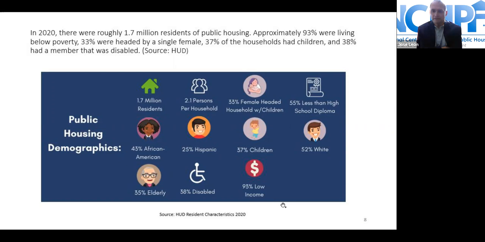HUD is working closely with public housing agencies to make sure that these patients have access to the internet now that we are living in this COVID-19 era, to make sure that they can communicate with others, and at the same time receive services from either the health centers or the doctors or whomever is responsible for their health. Next slide.